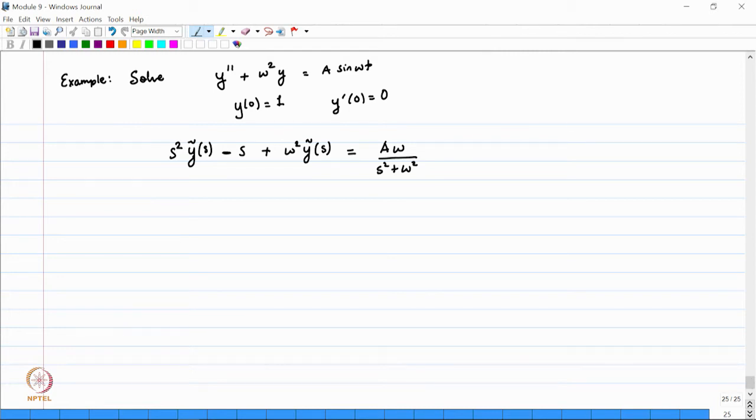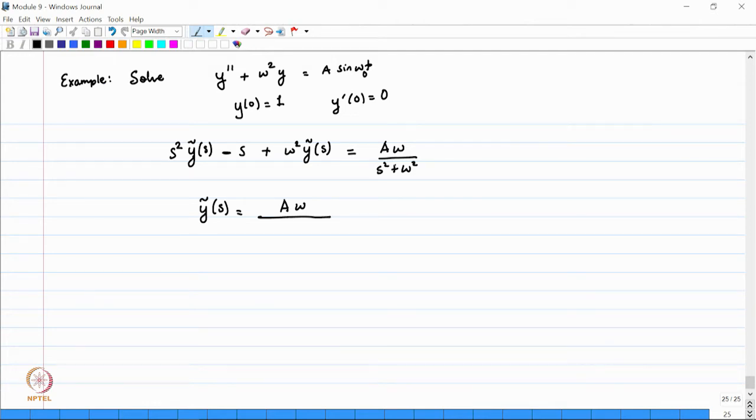Okay. Now, what you will do is I will take the s to the right, I will write y tilde of s is equal to a omega divided by, now what I have is s square plus omega, let me make this omega 0, just to distinguish it from the omega.